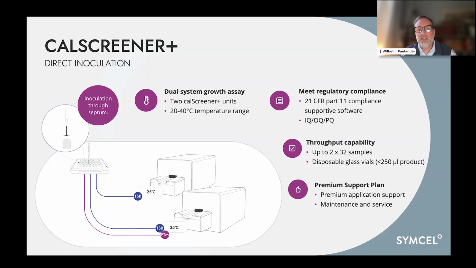You can also add vials into the equation in order to increase the amount of sample that you want to test on. In this setup and the data that I will show you today, growth media is also added to the vial. So you have to add 2 things to the vial, both your product and the growth media. But we are developing a pre-filled vial where the media is already in the vial and where you only need to add the product to the sample.